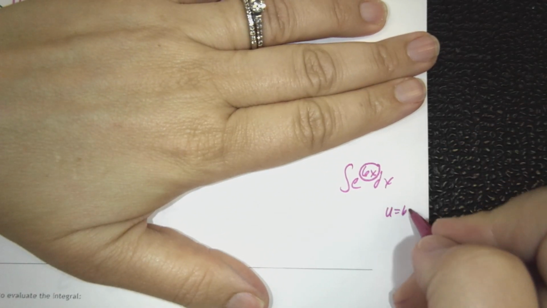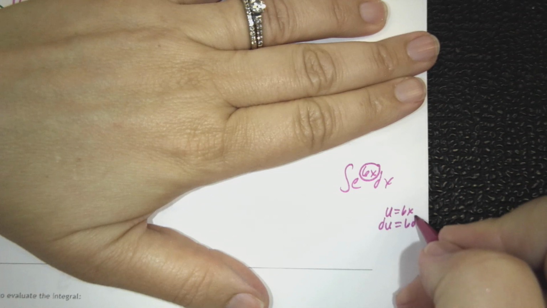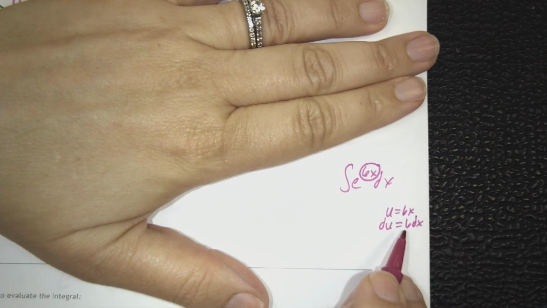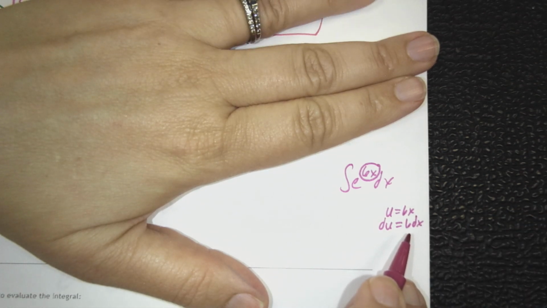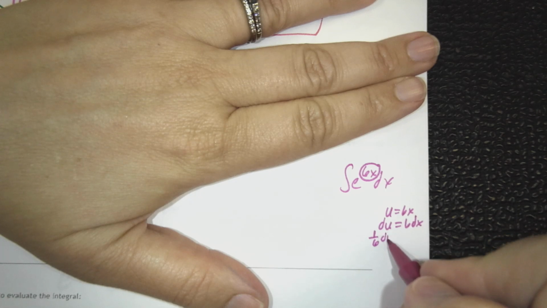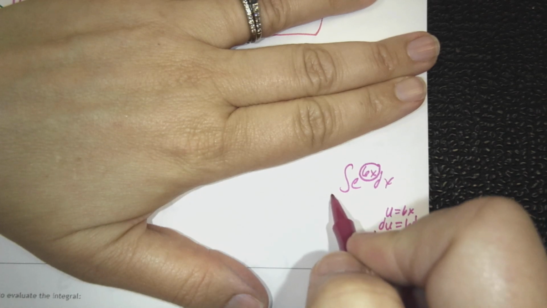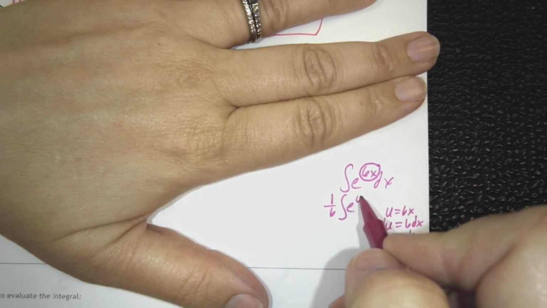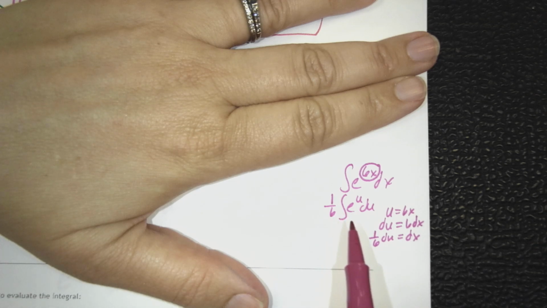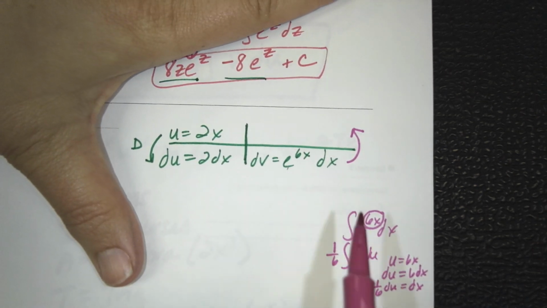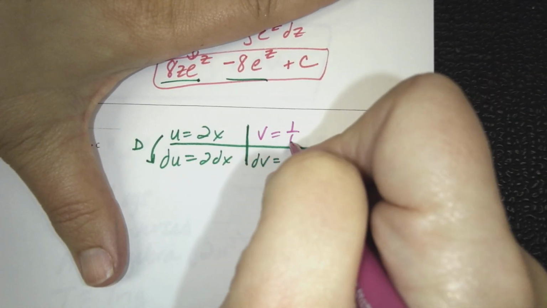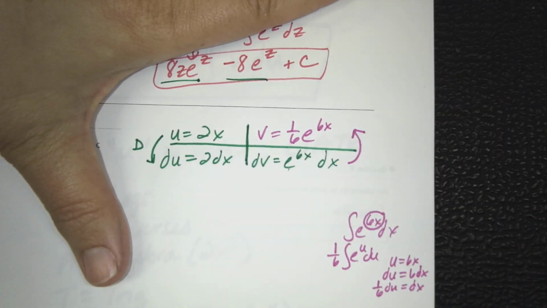Yeah. And then we took a derivative, which was 6. Are we allowed to have a 6 over there when we integrate? Oh, we divide it out. And so it's 1/6 the integral of e to the u. So the integral of this is 1/6 e to the 6x.